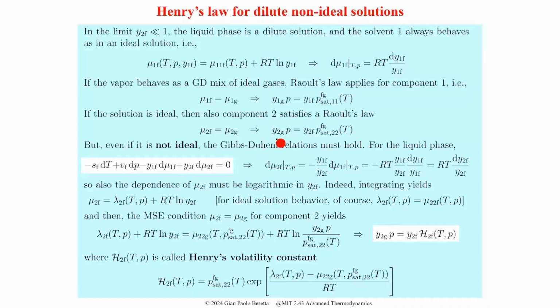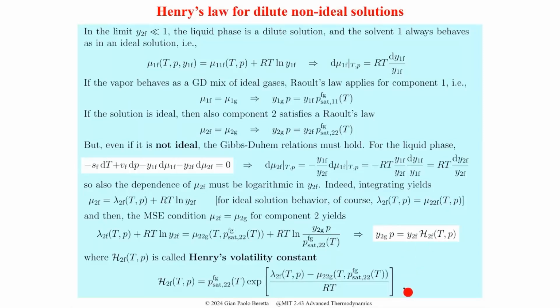But we will see that now, in the next lines, we're going to need to prove this relation here, which is Henry's law, which looks similar to Raoult's law, except that instead of the saturation pressure of the second substance, you have another function of not just temperature, but temperature and pressure, which is called Henry's volatility constant.